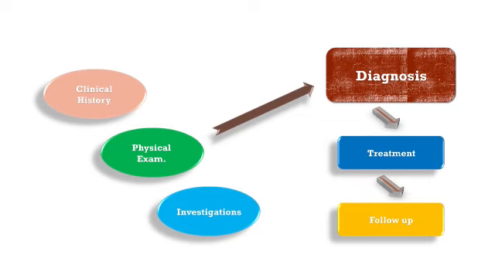So the diagnosis relies on the triad or the triangle, which consists of clinical history, physical examination, and investigation. After we diagnose the patient, we should start treatment. Treatment could be medical or surgical.